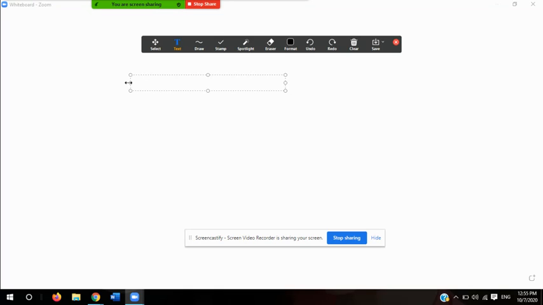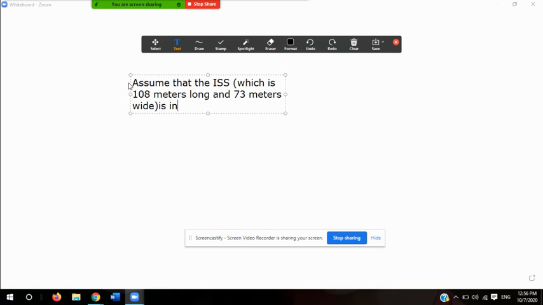Example number 6 says, assume that the International Space Station, which is ISS, which is 108 meters long, and 73 meters wide, in parentheses, some added information, is in a 400-kilometer low Earth orbit.